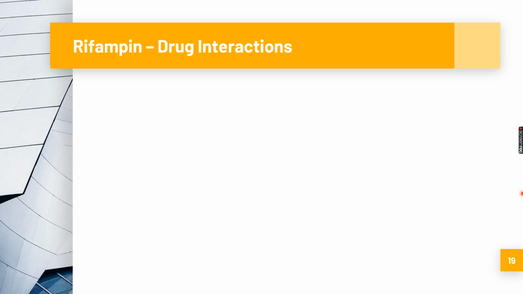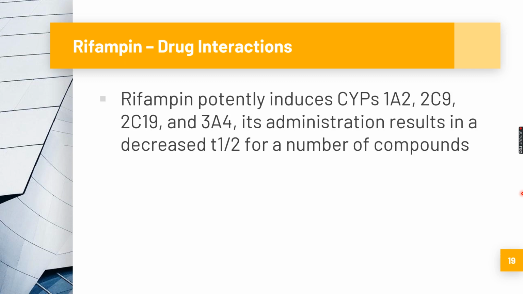As we already saw, the drug is metabolized by CYP3A enzymes and it also auto-induces, because rifampicin is a drug inducer and it is more prone to drug interactions, especially when the other drugs are metabolized by various enzymes such as 1A2, 2C9, 2C19 and 3A4.